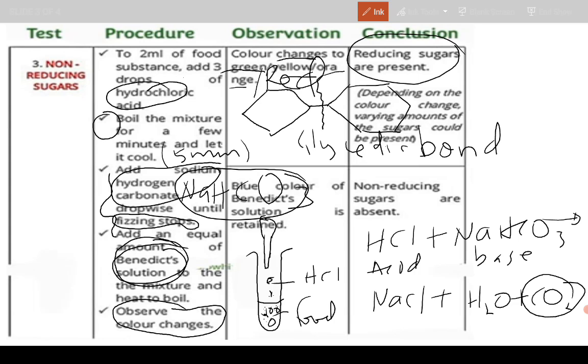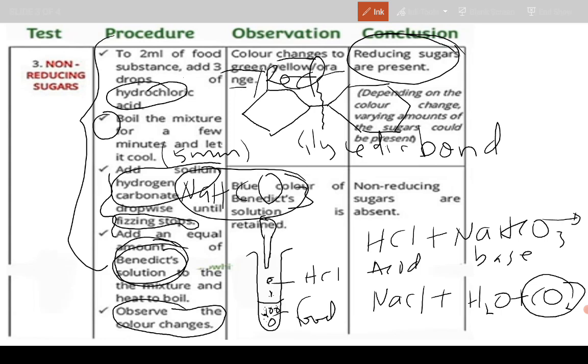Remember that by doing all this, we are changing the disaccharide to a reducing sugar. Okay, so a reducing sugar is formed when the HCl has acted on the glycosidic bond. So it depends.